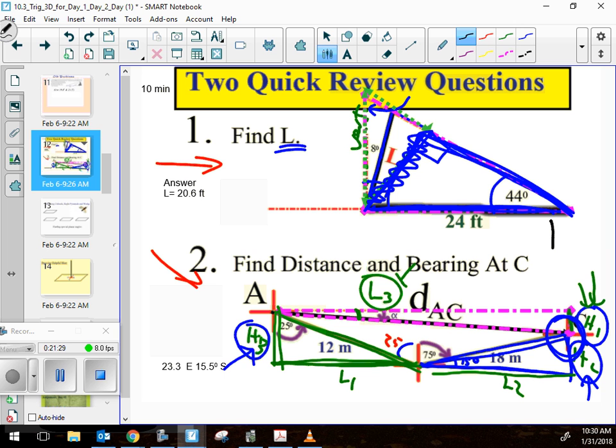Basically, if I were to blow that up, east 15.5 degrees south is like this. That'll also be known as 90 plus the 15.5, which would be 105.5 degrees for the bearing. All right. Oh, wait a minute. I'm just making sure I did this right. Yep, actually I did it right. The distance and bearing at C was what we were trying to find there. All right, and that's all I have for you for today's video.